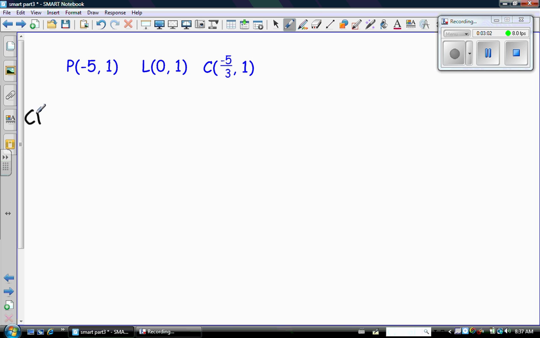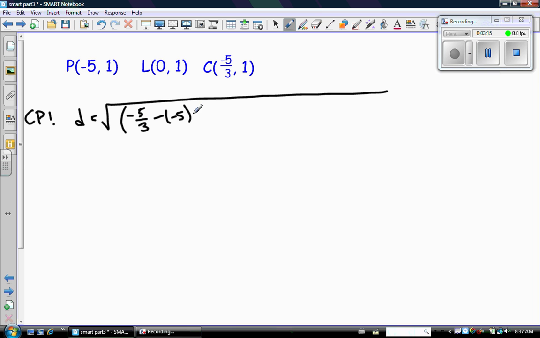So let's find the distance from C to P. Using the distance formula, I have x2 minus x1 squared plus y2 minus y1 squared. So here we go.